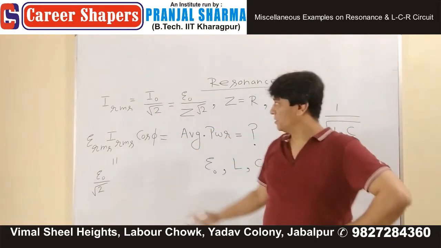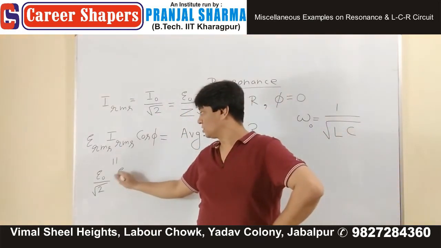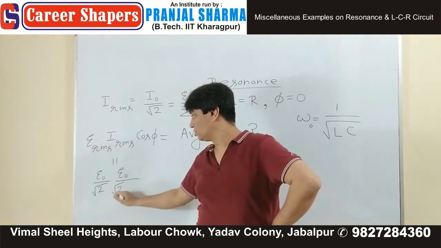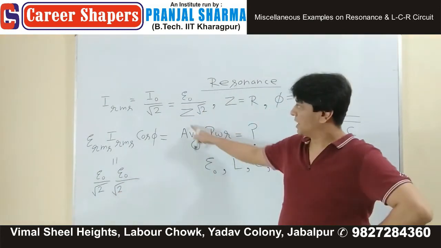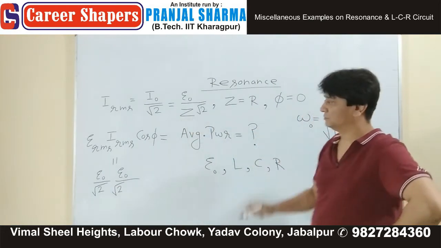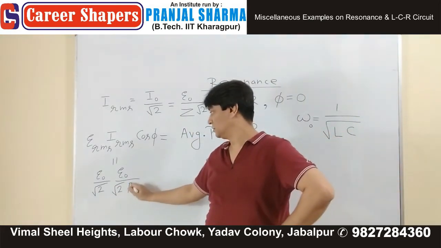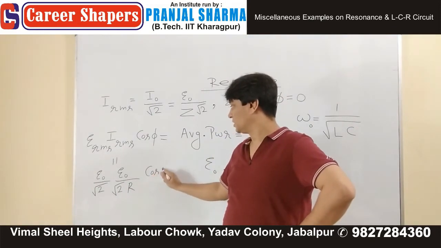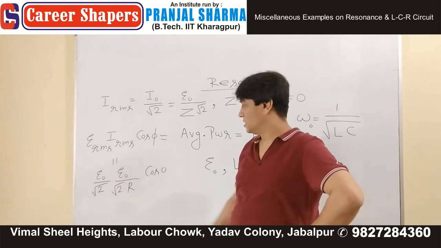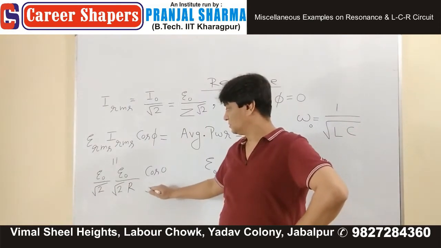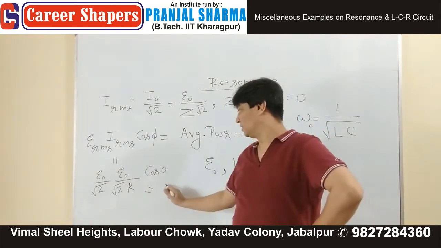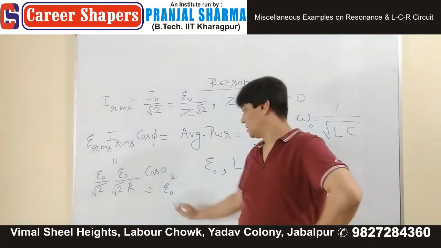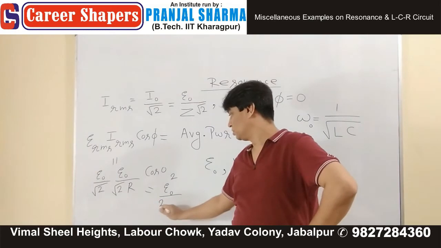So IRMS is E naught divided by root 2 and Z, which is R, times cos of 0. This gives us average power as E naught square upon 2R.